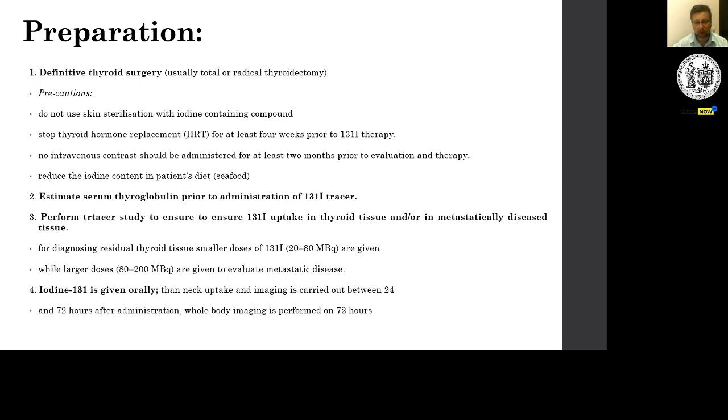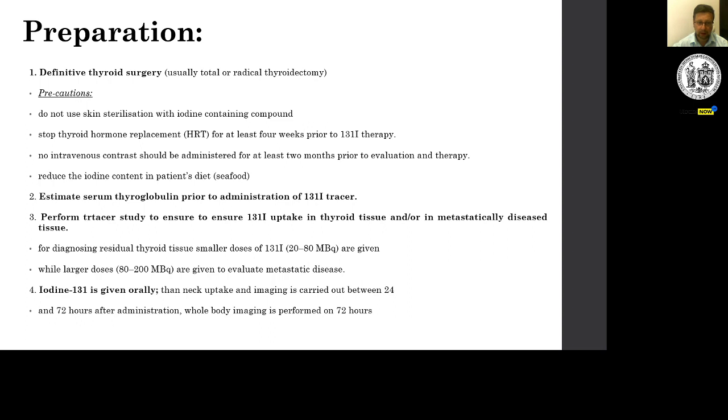Stop thyroid hormone replacement therapy for at least 4 weeks prior to the radioactive iodine therapy. We should not use intravenous contrast for at least 2 months prior to the evaluation and therapy with the radioactive iodine. And we also should reduce the iodine contained in the patient's diet, for instance reduce seafood or shrimps and so on.